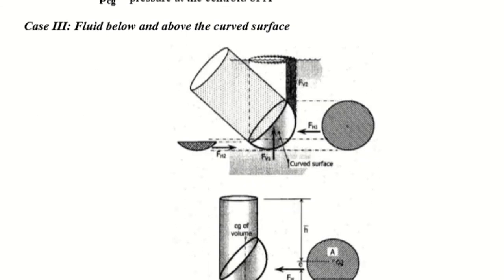Mayroong case 3 dito. Sa case 3 is, there is this fluid below and above the curved surface. So, it's more on combination of case 1 and case 2. Same lang yung analysis, pero mayroon lang small alteration of solution.